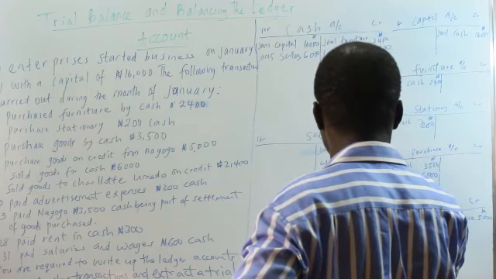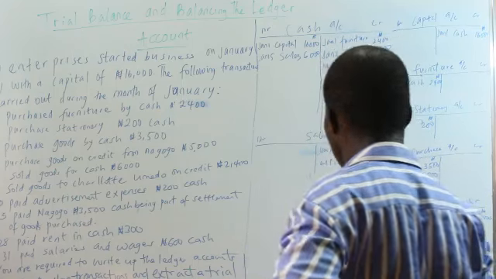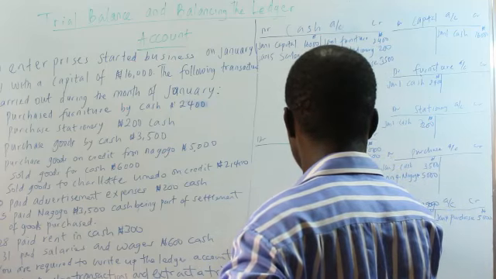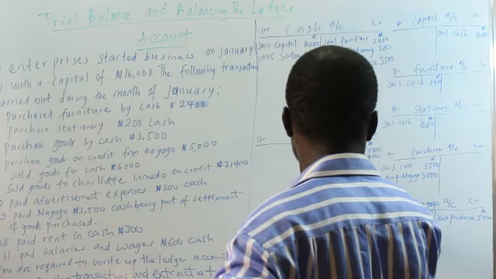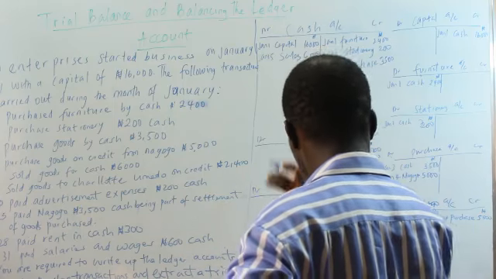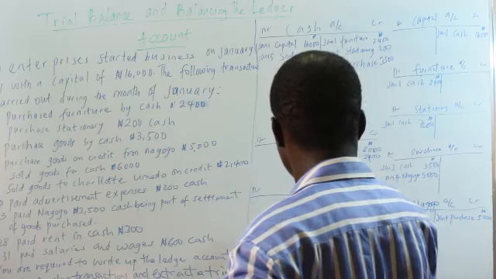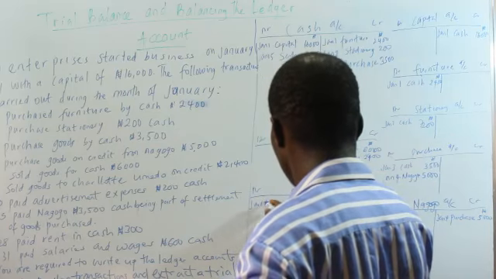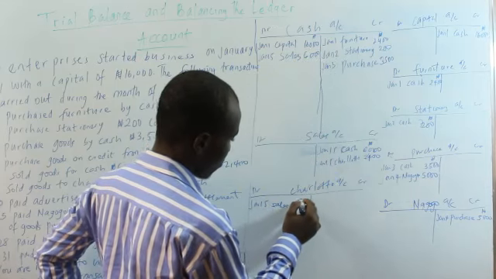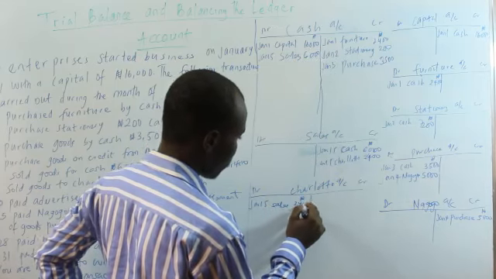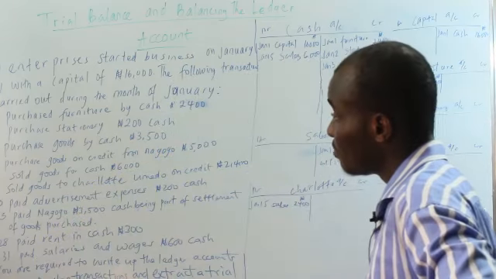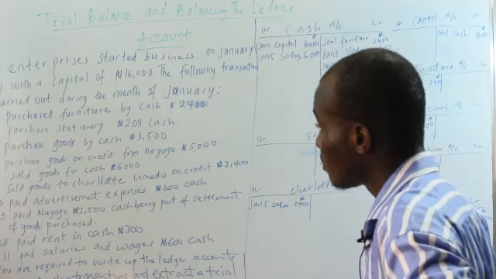The sales account will be credited with the amount of sales, while Charlotte's account will be debited. So we have January 15, sales, 2,400.